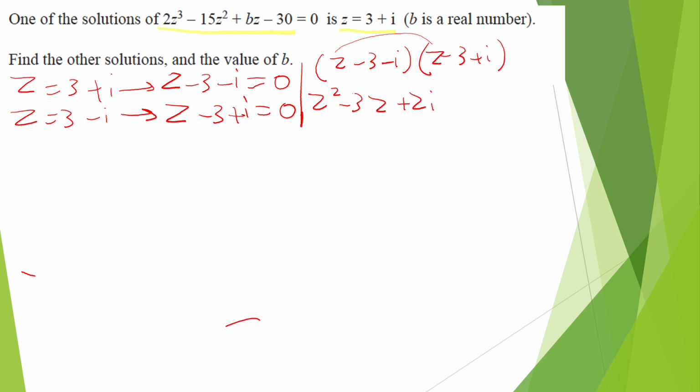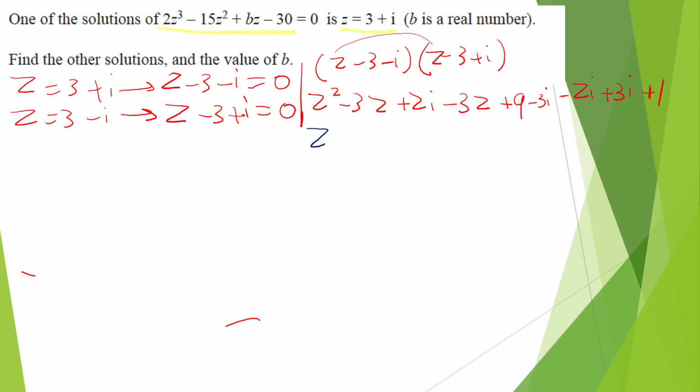It's very easy to make mistakes in here, so you just need to be very careful in your expanding. Minus 3i, and then minus zi, I'm just multiplying, plus 3i, and then i times i is negative, and plus another negative, so it's plus 1.